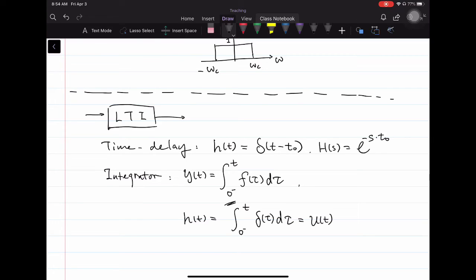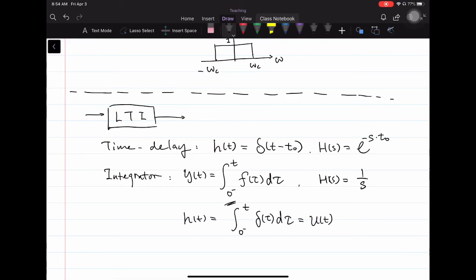This is something we discussed earlier. And this is something that you also have looked at in one of your homework questions in chapter 2. Now, the transfer function, which is the Laplace transform of h of t, will be equal to 1 over s.